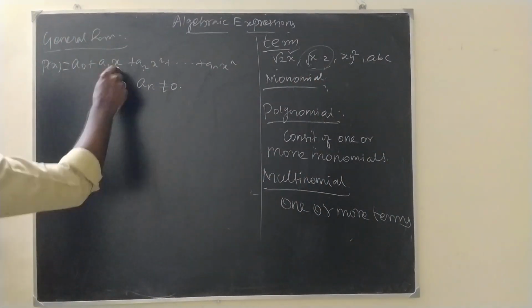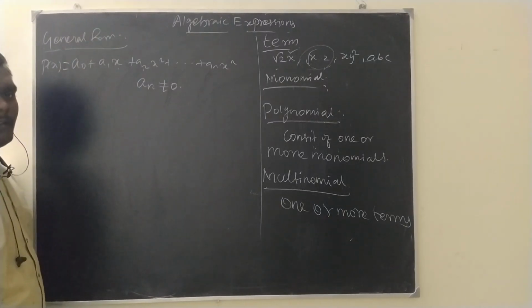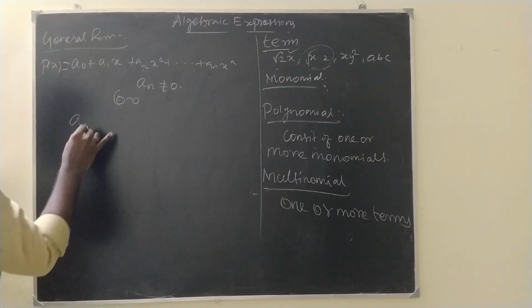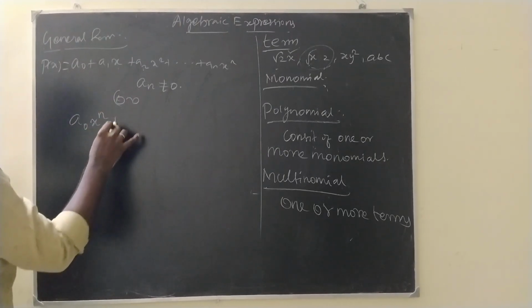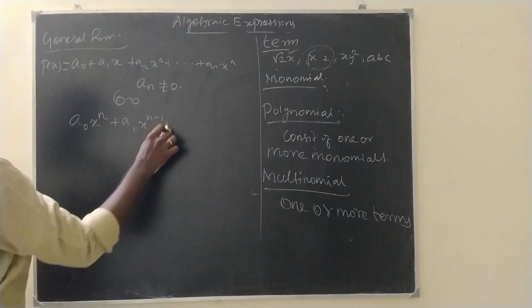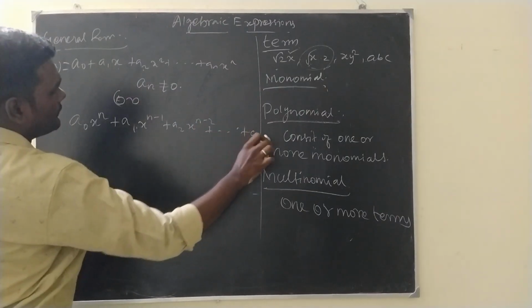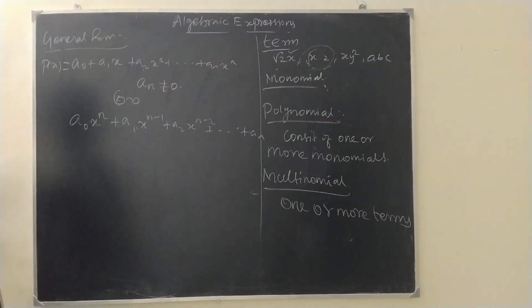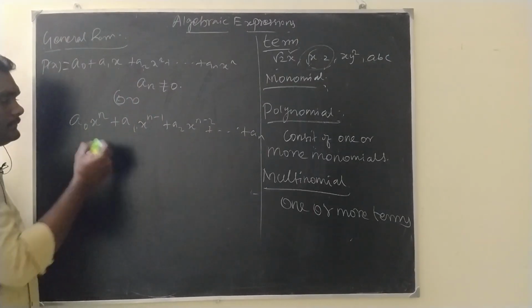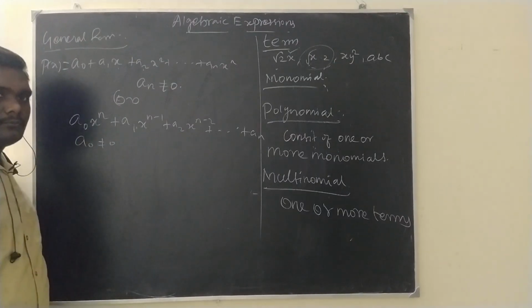So the coefficient of x is a1, the coefficient of x square is a2 here. Or we can represent it like this: a0 x power n plus a1 x power n minus 1, a2 x power n minus 2. Remember, I told you increasing or decreasing powers of the variable. Here, who is the leading coefficient? The bigger one. So here a0 should not be equal to 0.